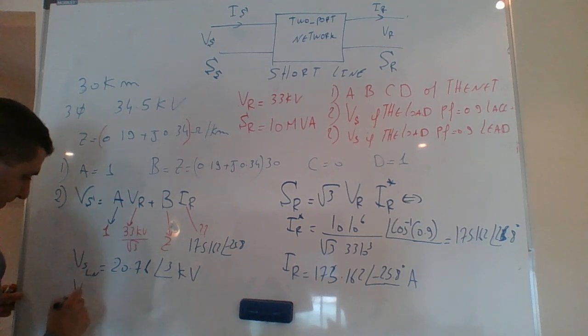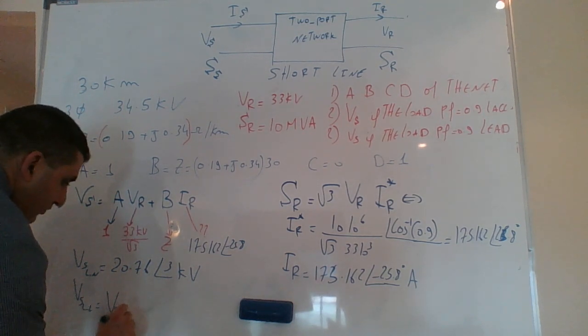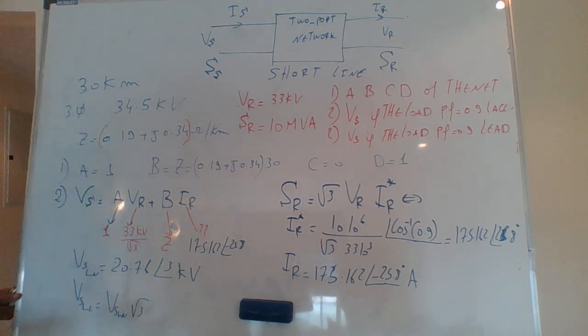VS line to line is equal to VS line to neutral times root 3.